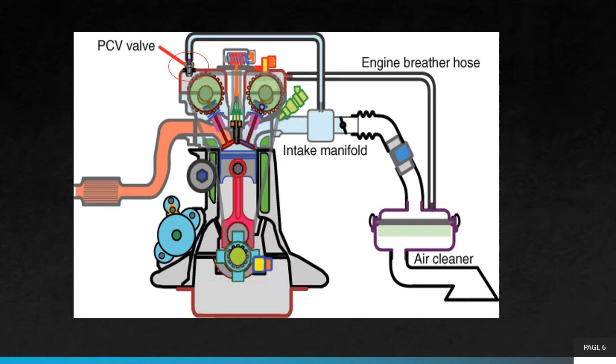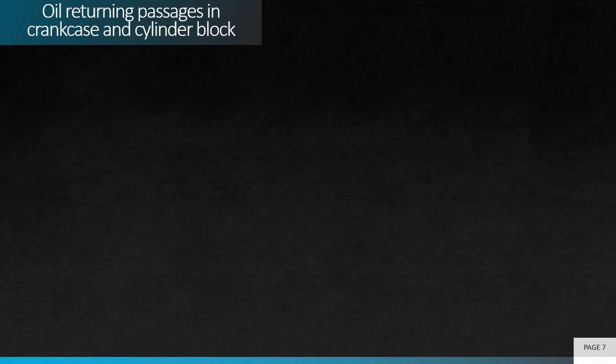The PCV valve has a vital role when the pressure build-up occurs. The build-up does not occur only in the crankcase area, it also goes up to the upper portion of the engine.